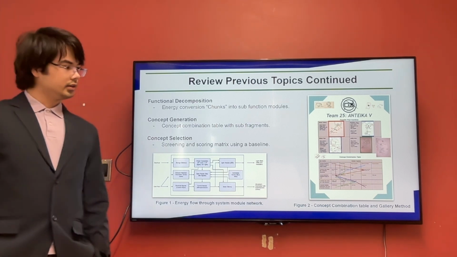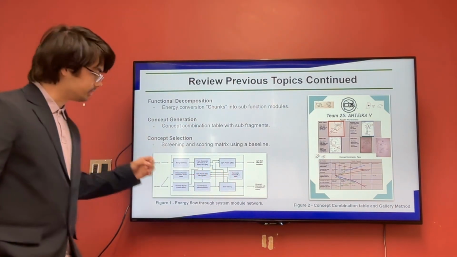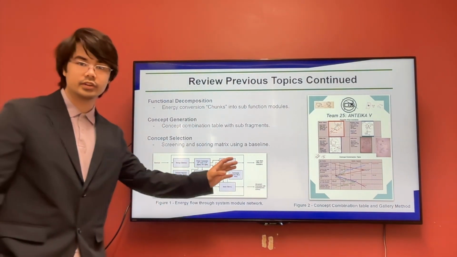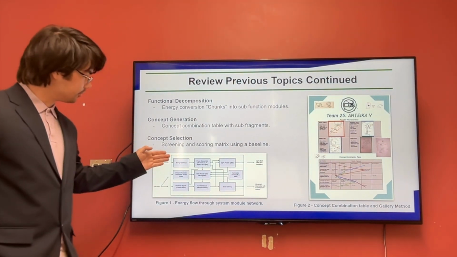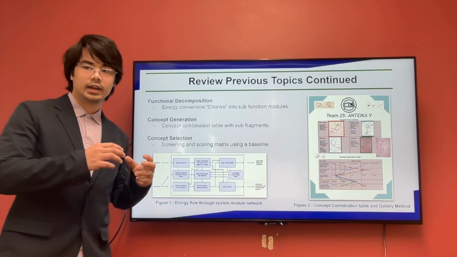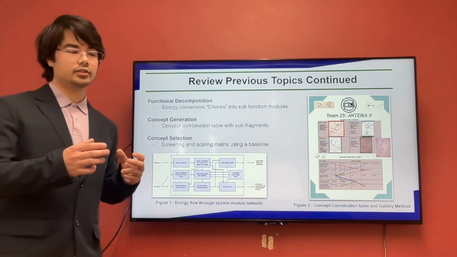We take our project, which is the entire box here, and we take energy and convert it using chunks or modules, and we use these modules inside the project as sub-fragments, and we'll have solution fragments as well.